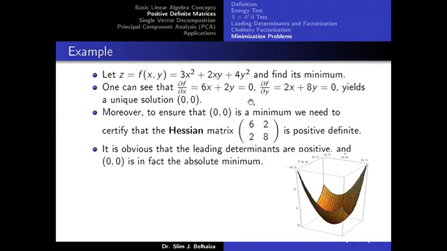And you have a solution which is 0, 0, but what you need then is to show that you satisfy the second order condition, or the fact that the Hessian matrix is positive definite. So you compute the second derivatives at 0, you place them in your Hessian matrix, and you can see that this 0, 0 is in fact your minimum. It satisfies the definition.